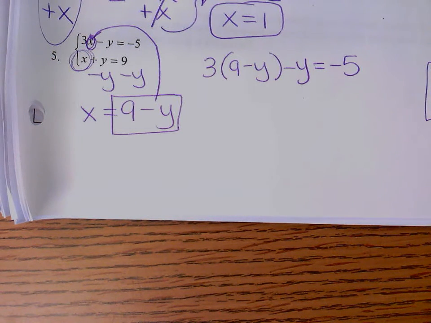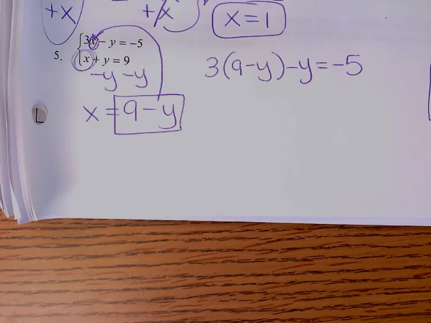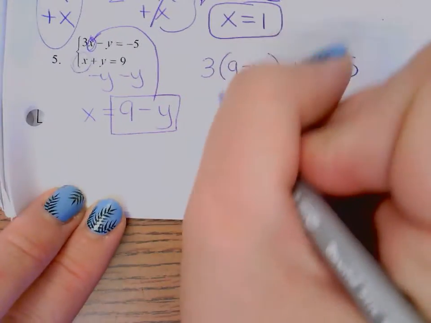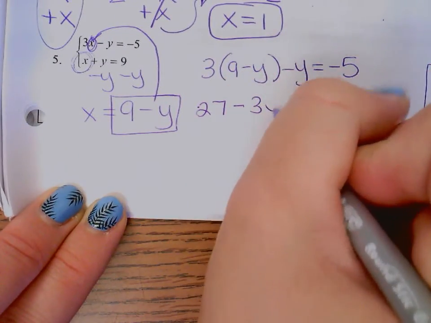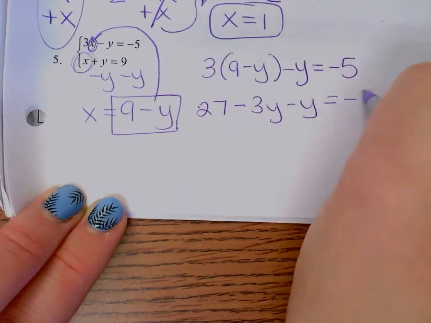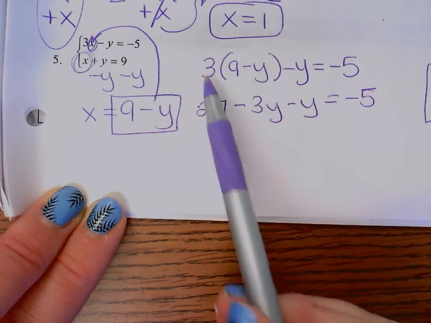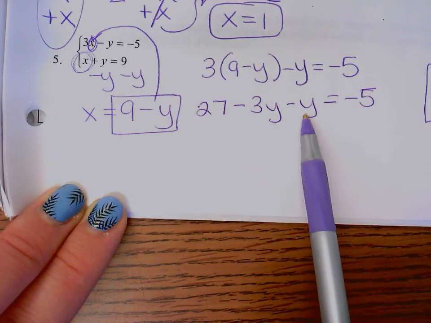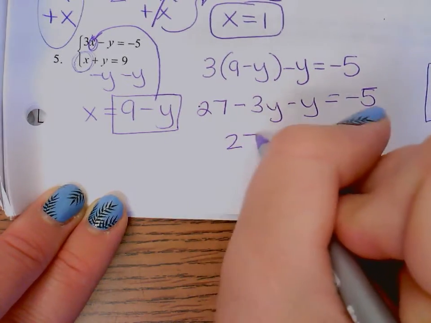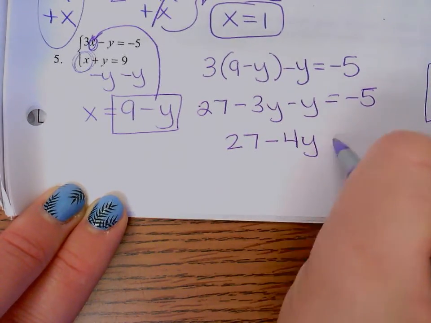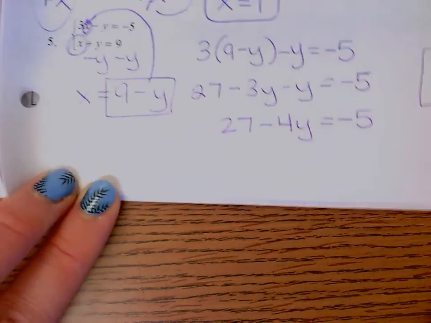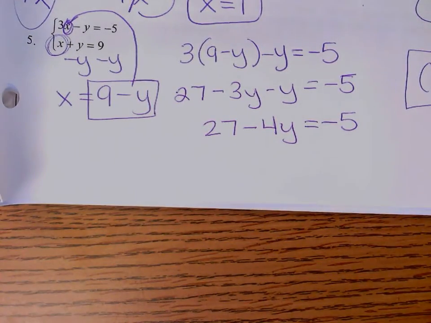My faith is in you. I'll put up the next two steps. 27 minus 3y minus y becomes 27 minus 4y equals negative 5. Are you on the right track so far, solving for y? So see if you can take it another couple steps and get y by itself.